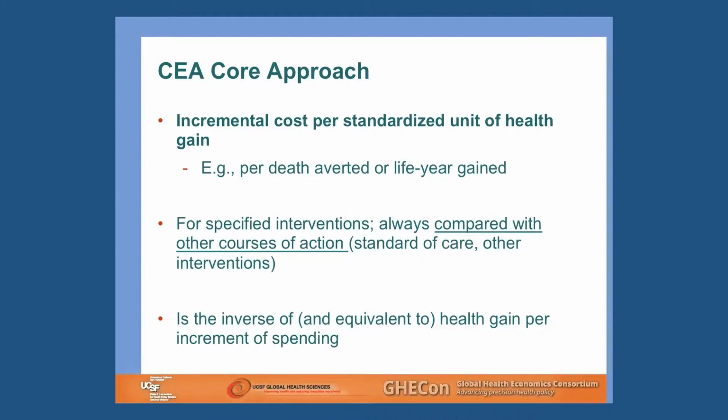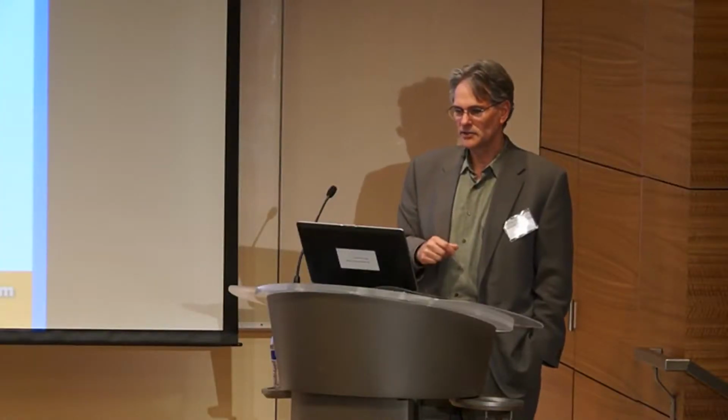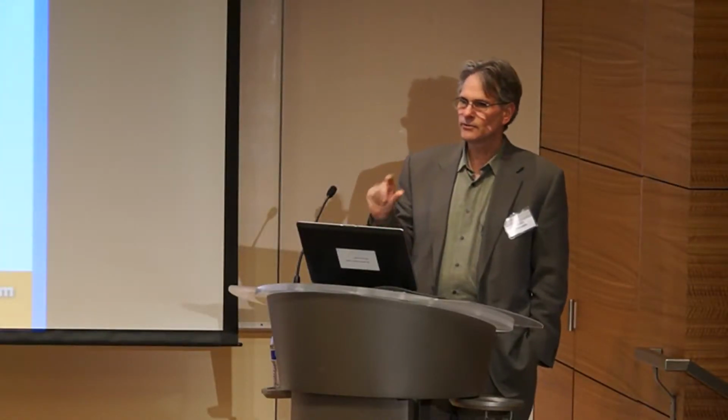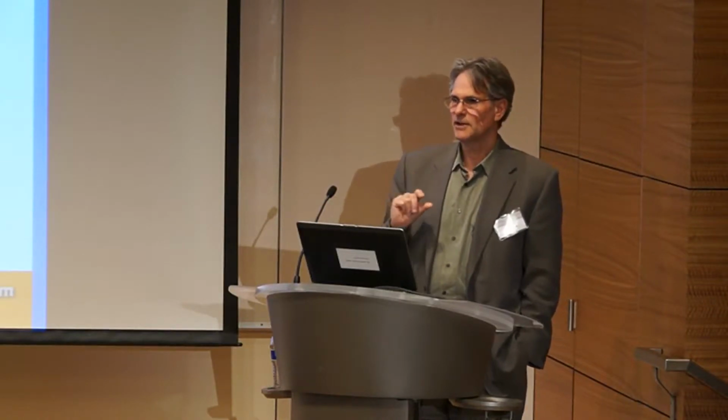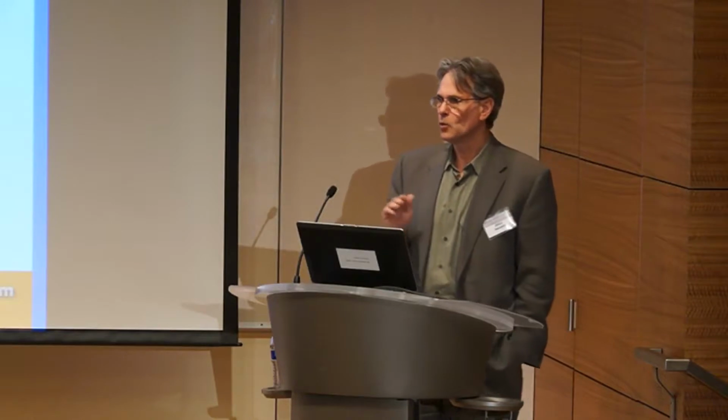What we're interested in is measuring, quantifying the incremental cost per unit of health gained. So it could be a death averted, so averting a bad thing, or it could be a life year gained. And it's always for well-defined, specified interventions, and it's always comparative. We're always comparing one course of action versus another.